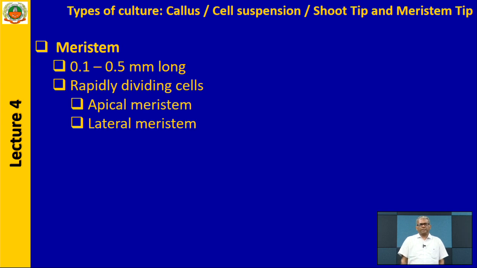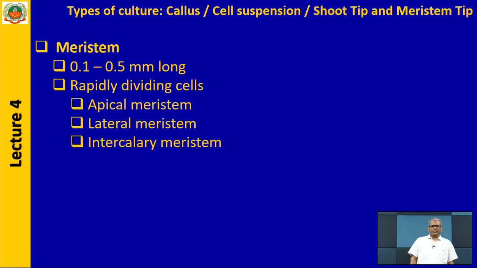These meristems are seen in the vascular bundle. The last group is intercalary meristems. They are seen along the nodes or the leaf axils. So, we have to understand where these meristems are lying, so that they can be potentially exploited for meristem tip culture.